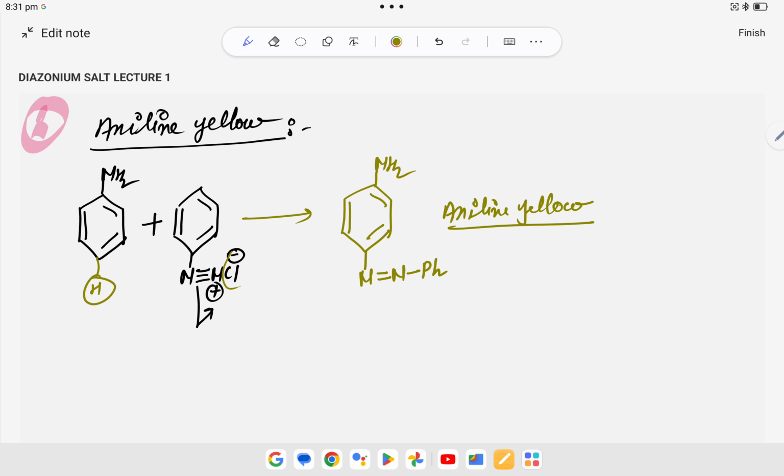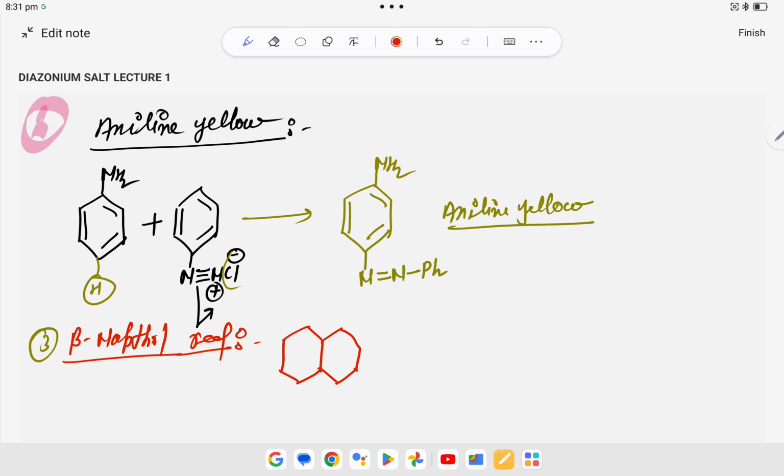Number 3, beta naphthol. Beta naphthol red. So beta naphthol is what? See, double bond, double bond, double bond, double bond, double bond. Here OH is attached. This position is called beta. This position is called alpha.